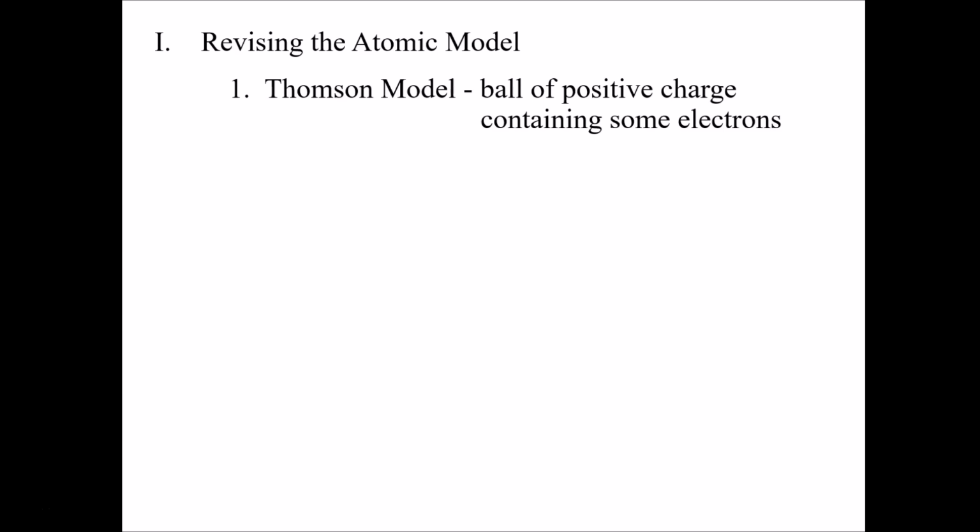And so J.J. Thomson, at that time, he thought, okay, well, if an atom has negative parts, then it's also going to have a positive part. And so he imagined that an atom was this big ball of positive charge with these little negative electrons stuck to the outside of it. In fact, at the time, he called it the plum pudding model, right?